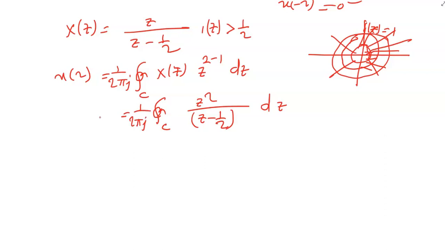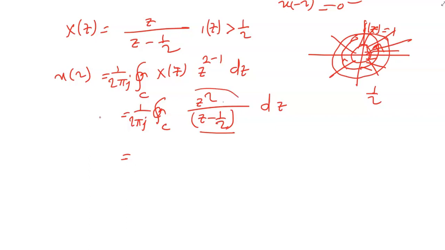What I have told, this is simply the residue, because whenever I put the contour in counterclockwise direction in the ROC, I see that my pole at half, that is 1 by 2, will be inside the contour. Half is here, and your contour is inside the ROC, so half will be inside the contour. The only pole existing is z minus half, or z equal to half.